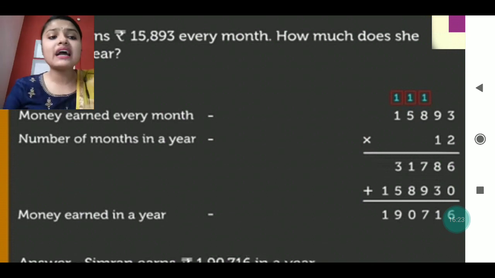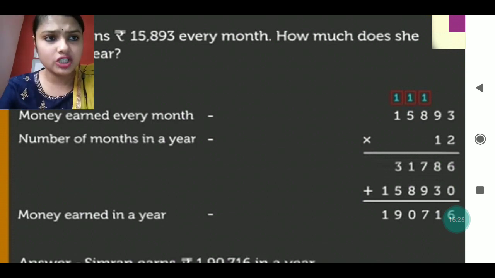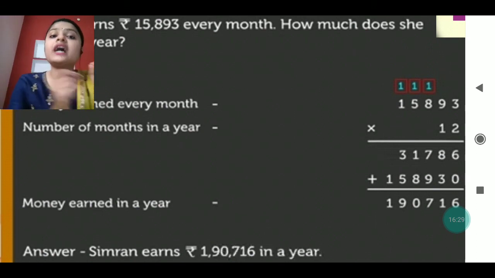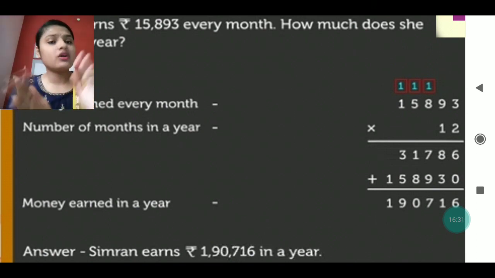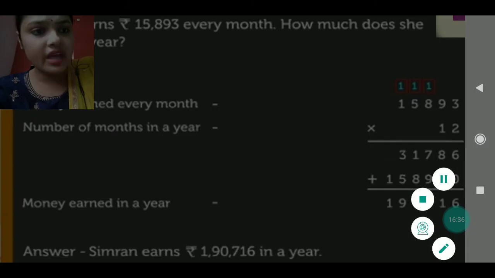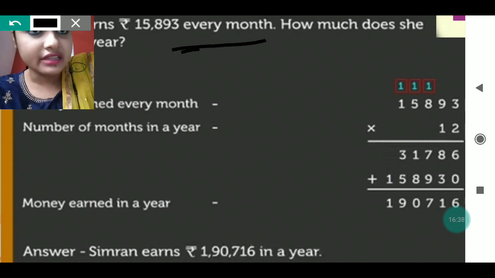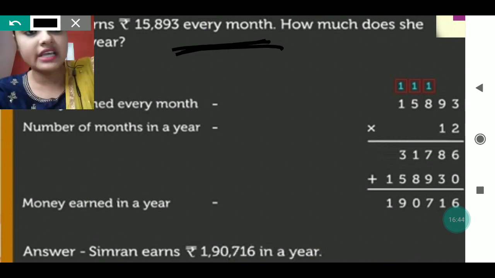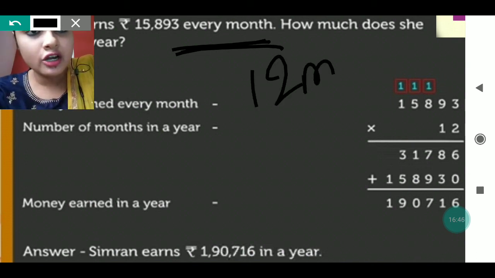So what will the last statement be for this question? The last statement will be money earned in a year. Previously it was written money earned every month. You can see in the question it is given every month. Now we have calculated money earned in a total year, meaning 12 months.